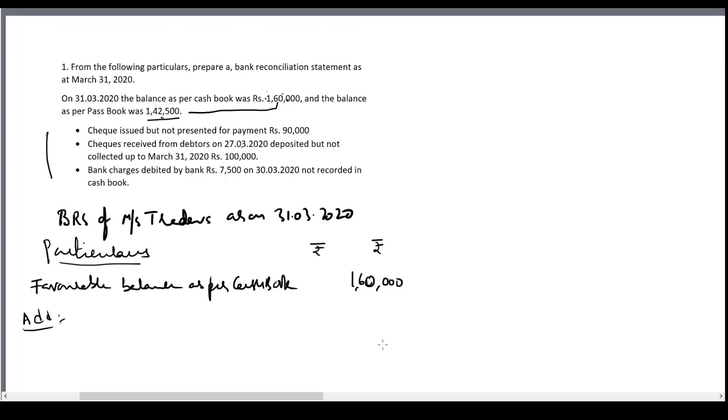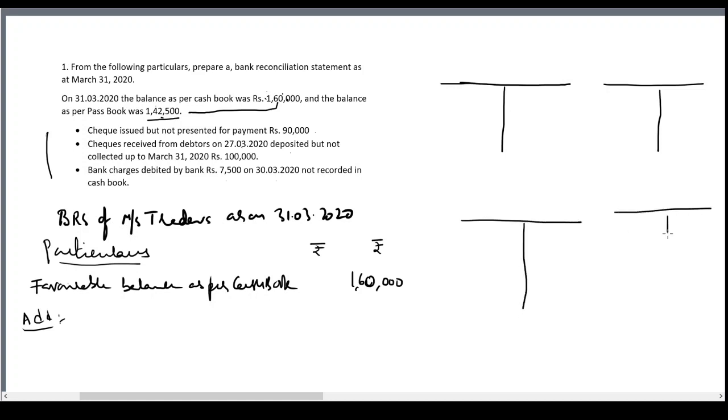Now, as I told you earlier, which item has to be added and which has to be subtracted will depend upon some logic. I'll draw working notes here, and because there are three reasons for differences, I'll use three working notes.